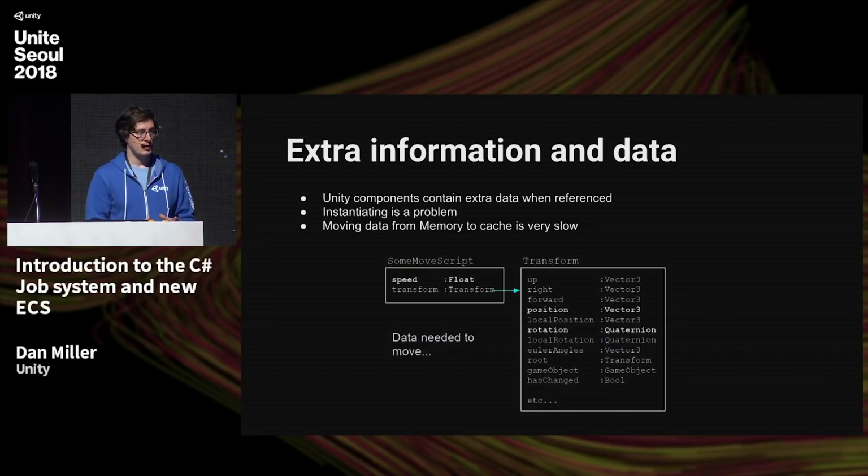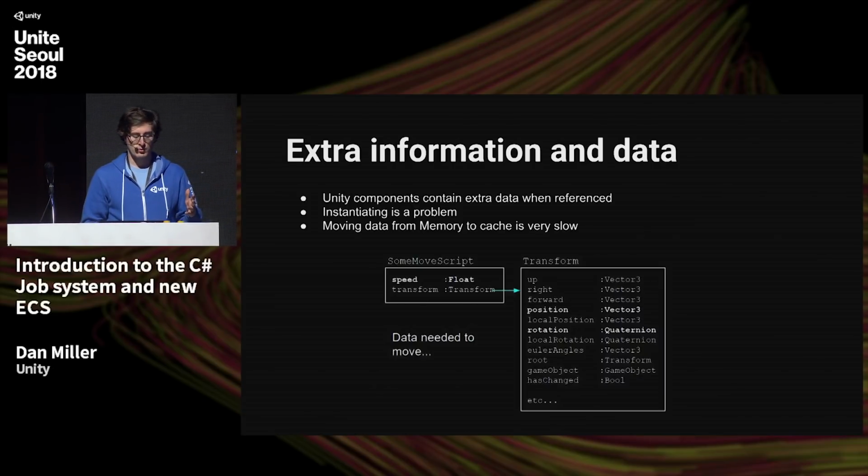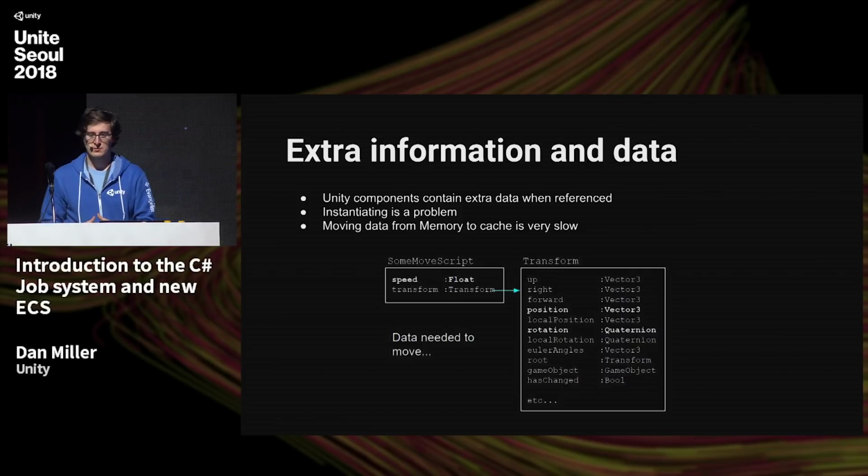The other issue with the classic system right now is that you often get more data than you need. In an example here, where we're referencing a transform of a component, we may only care about its position and its rotation.